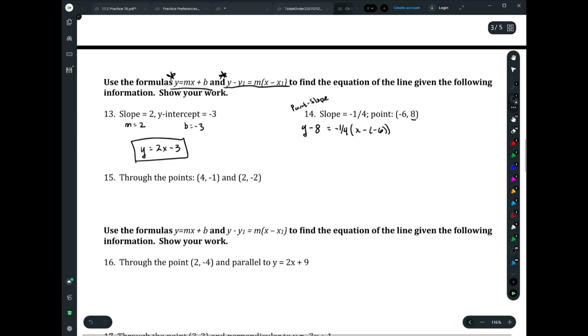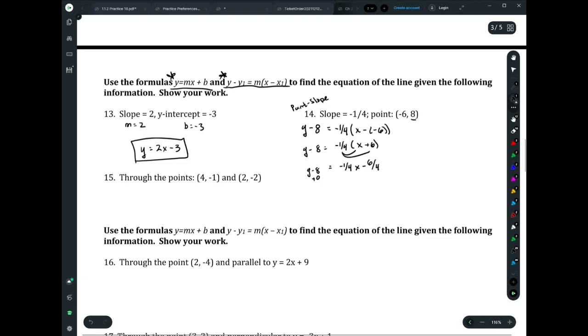You'd be careful with a few things. This is going to really be x plus 6, and then the negative 1/4. Distribute the negative 1/4. This would be negative 6/4. We'll leave it like that for now.